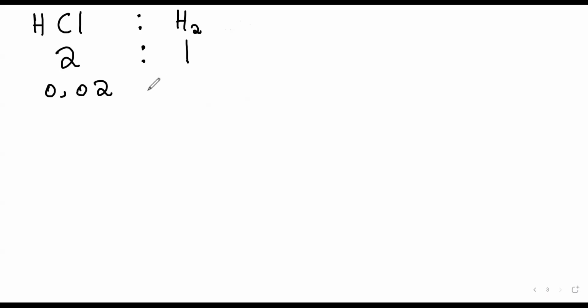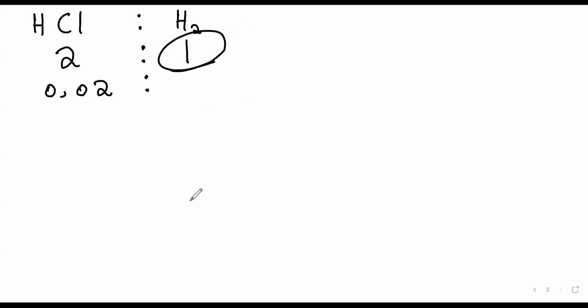What is the relationship between hydrochloric acid and hydrogen gas? They relate in a 2:1 ratio. With regards to hydrochloric acid, we have 0.02 moles.